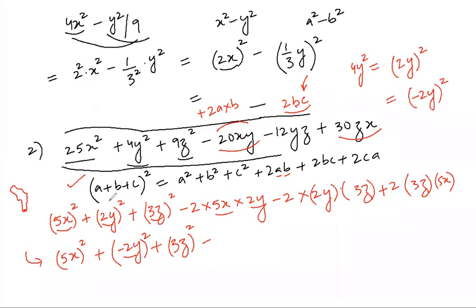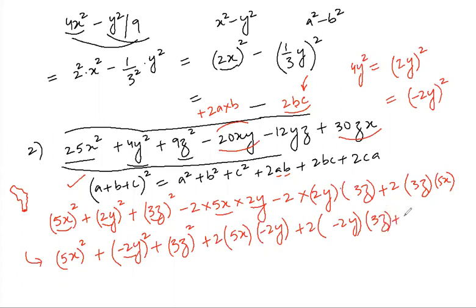You will write a plus b plus c whole square, like this whole square, is equal to what? You will write plus 2 into first term, 5x, into second term, minus 2y. Plus 2 into second term, minus 2y, into third term is what?